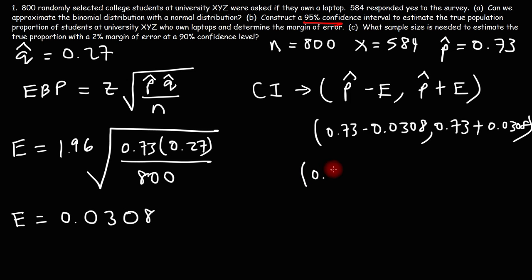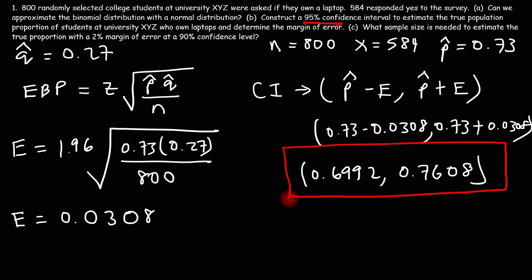So the minimum value is 0.6992, and the maximum value is going to be 0.7608. So this right here is our 95% confidence interval. We're 95% confident that the true population proportion is going to be somewhere between 0.6992 and 0.7608.